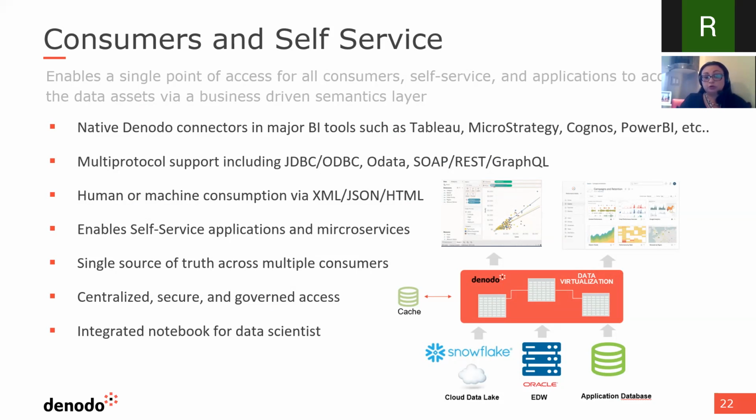Those products that don't have a prepackaged connector, or other applications, can use a simple JDBC connection to Denodo. Denodo is going to provide that abstraction layer to all of the data sources. So the consumer is essentially getting SQL on top of any data via Denodo.